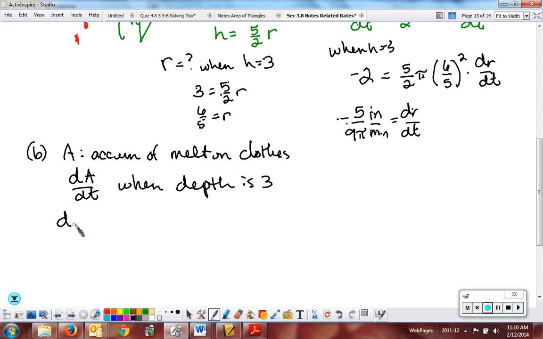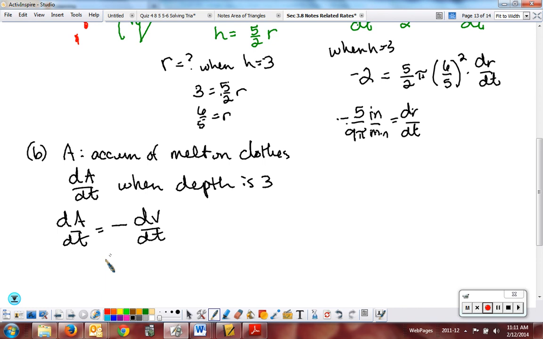All you have to basically go is we know dA/dt would be the opposite of dV/dt. Do not call it dV/dt, because dV/dt is negative. You need to get another name because it's the opposite.